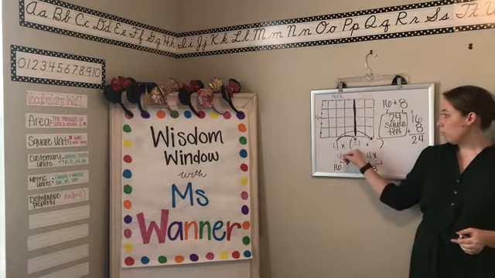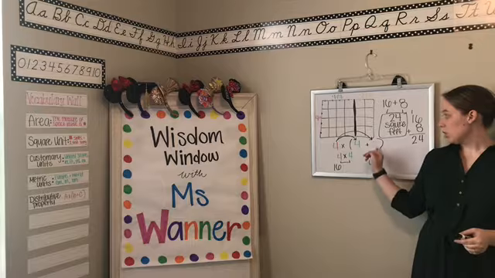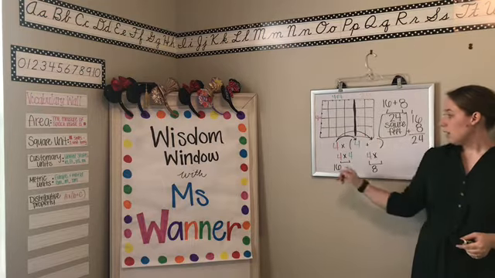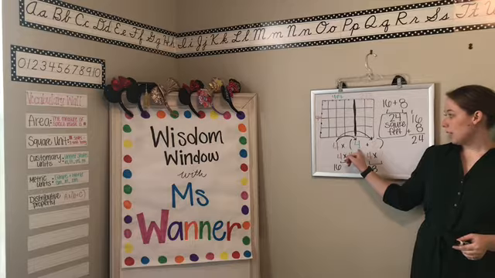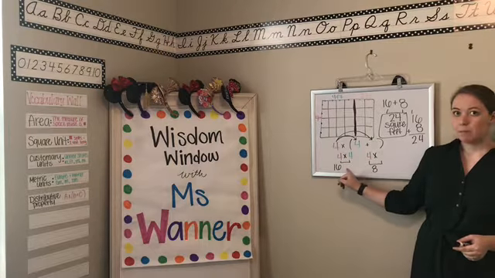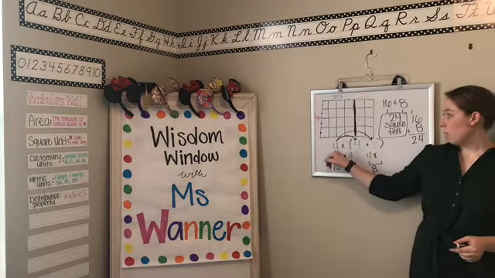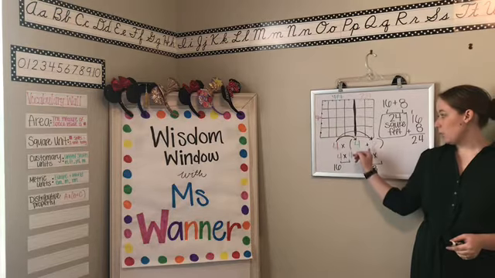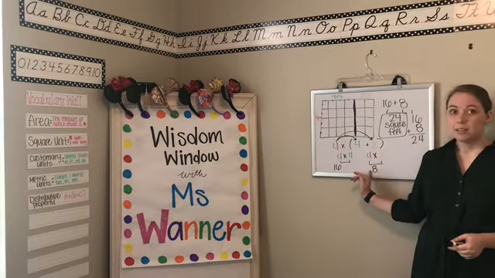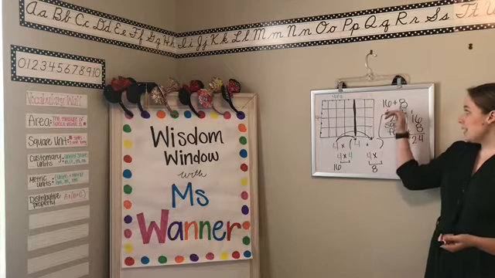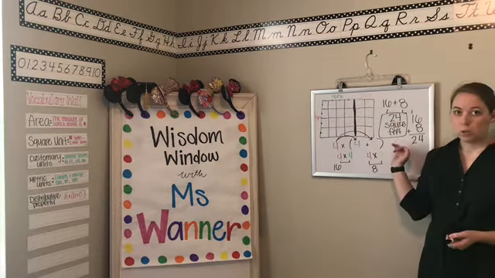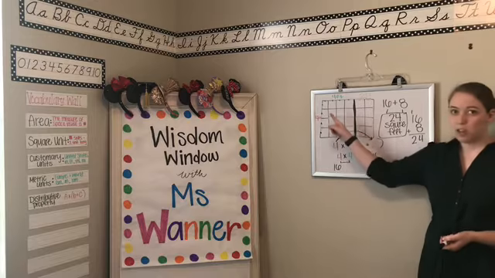We had our 4 from our vegetable side and our 2 from our fruit side. We multiplied our length times our first width, and we got 16. And then we multiplied our length times our second width, and we got 8. Bringing those together, we added 16 and 8, and we got 24 square feet as our area for this shape.